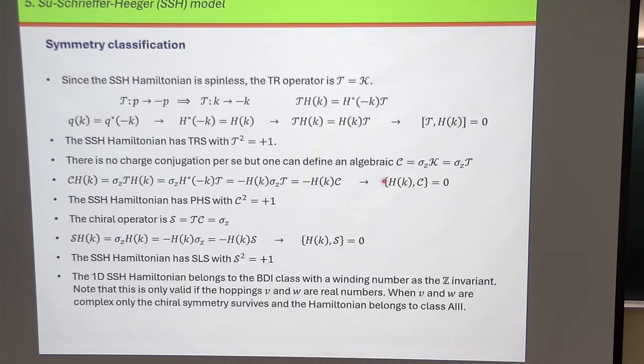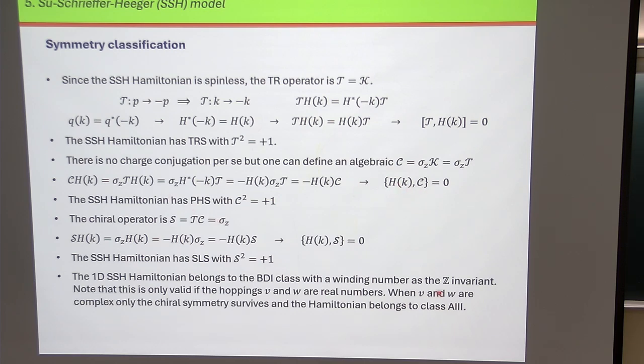However, you can create a sort of fake one. Fake means that it physically does not have the meaning of particle hole symmetry, but mathematically it acts as if it works, okay? And in that case it will be sigma c k, or sigma c, the time reversal operator. And you can check that this anti-commutes with the Hamiltonian.